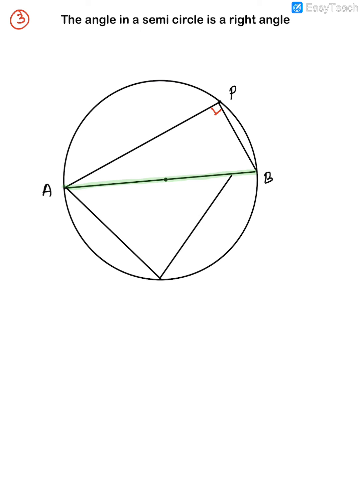Remember, it should be from A to Q to B, then only it will be 90 degree here. Okay, it should have been from A to Q to B, then only you can say it will be 90 degree. So angle inscribed in a semicircle is a right angle.